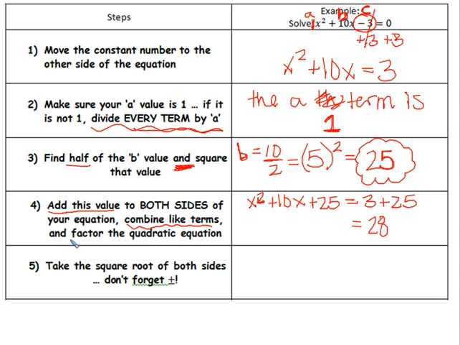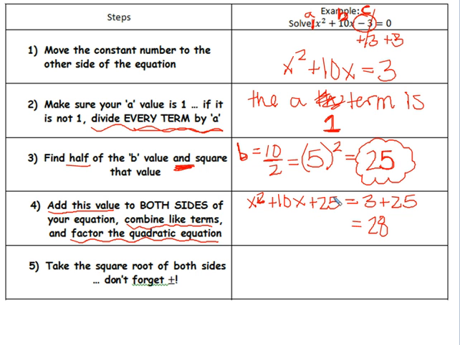But step 4 goes on to say, factor the quadratic equation. So the quadratic part is on the left-hand side because we have this little squared. Now remember, our beginning problem was not factorable. We were not able to think of two numbers that multiplied to -3 but added to positive 10. But notice how now that we changed it, it actually is factorable.